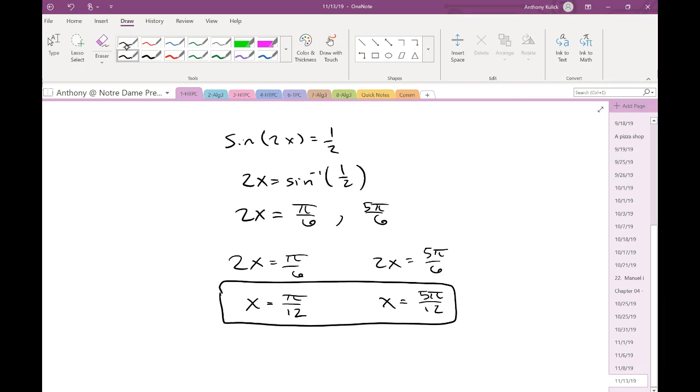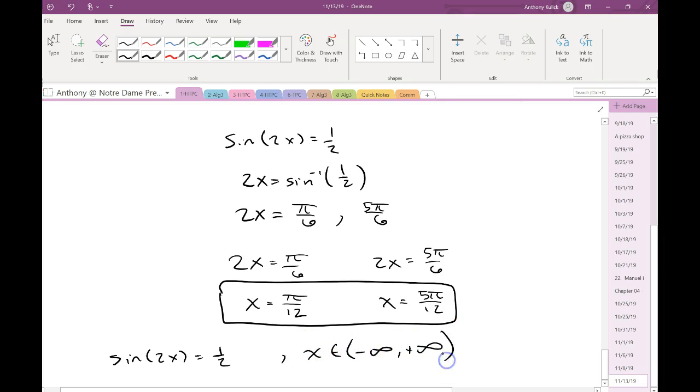Where it becomes a bigger deal is when we, say, are doing the same problem, but this time we're looking for x's on bigger intervals. And in fact, here we're not even done yet.